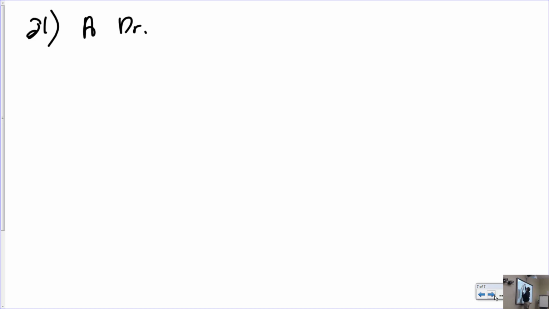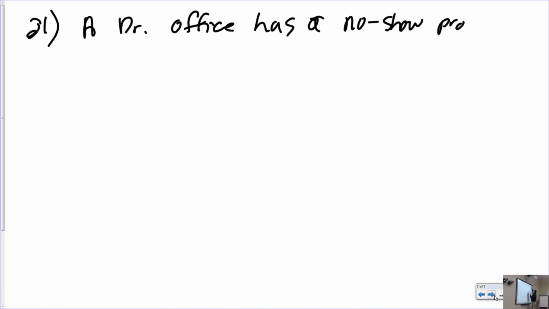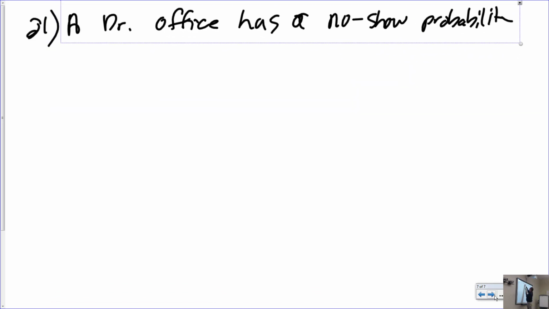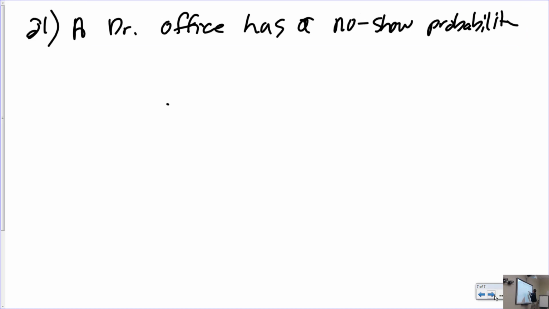A doctor's office has a no-show probability of 0.1. In other words, 10% of the time, people don't show up to his doctor's visits, right? Which probably isn't that far from the truth.